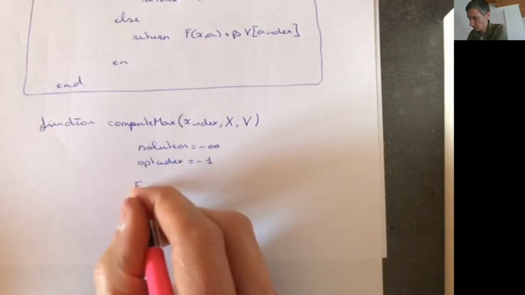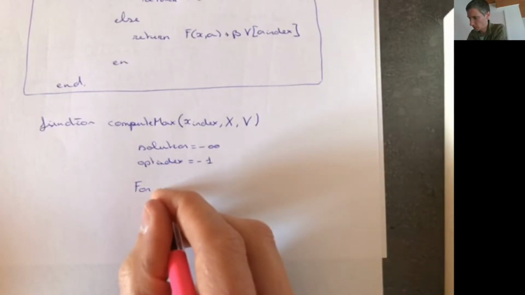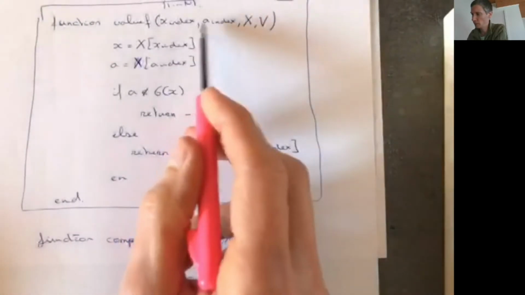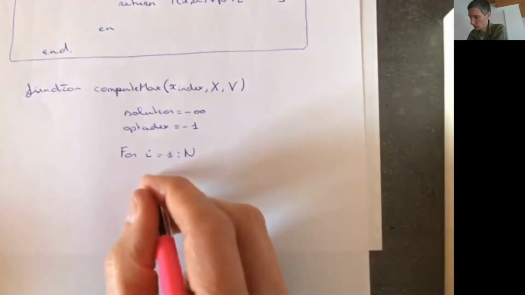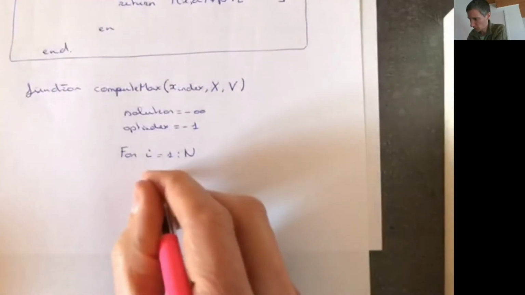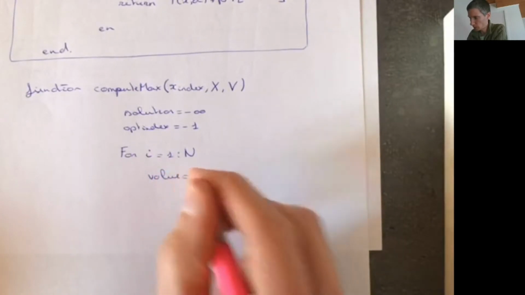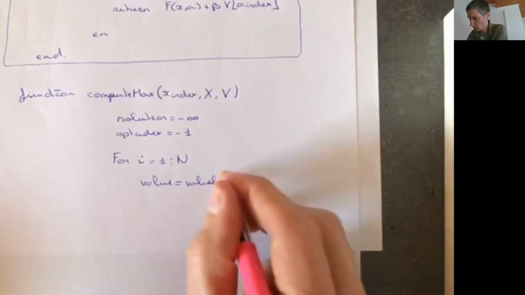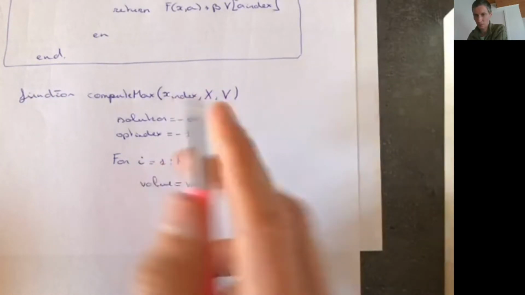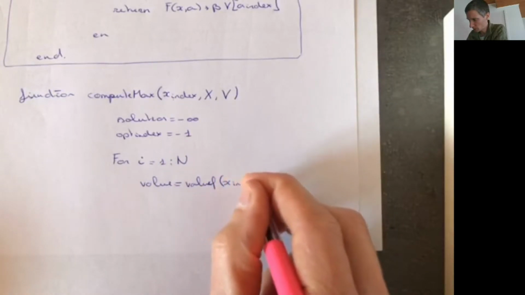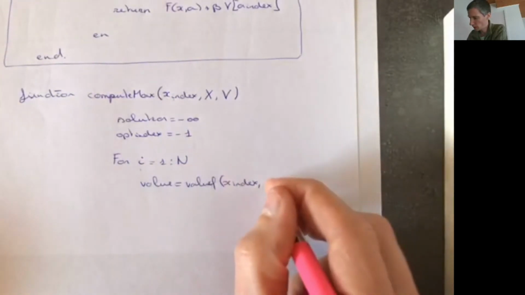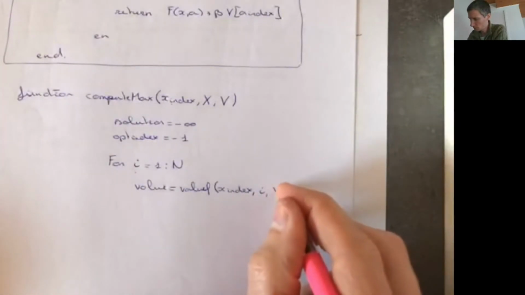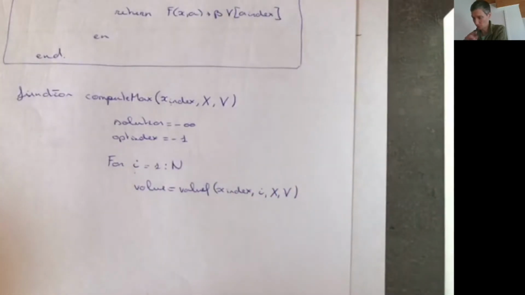So for i equal to 1 up to n, because there are n values of a, I can compute value. This is going to be this function here, value f of this at this point x index. My a index is going to be i, and then I'm going to have to give it a value x, and I'm going to have to give it a value v, okay.